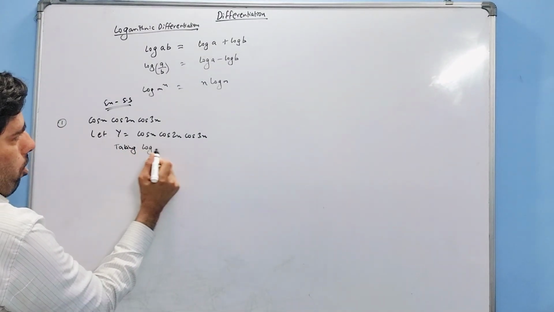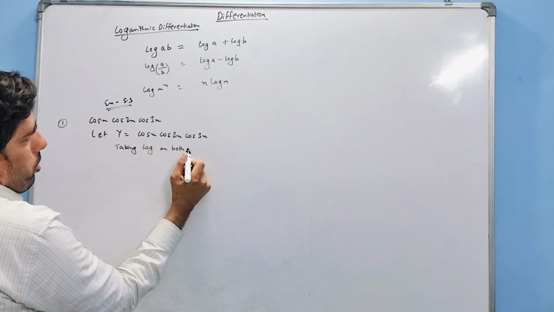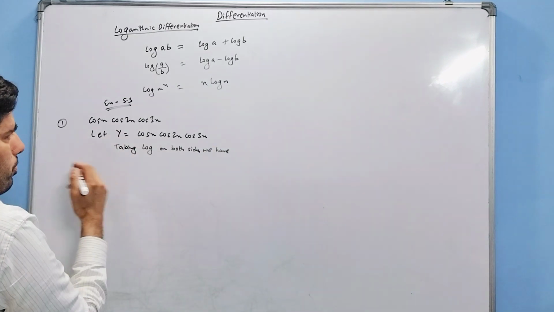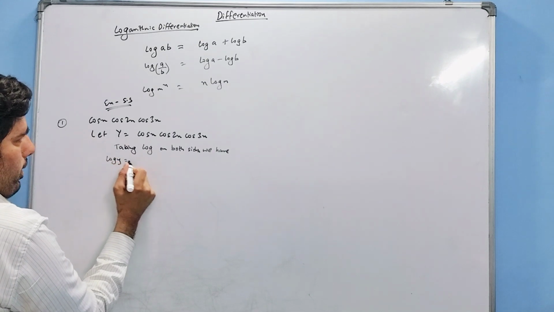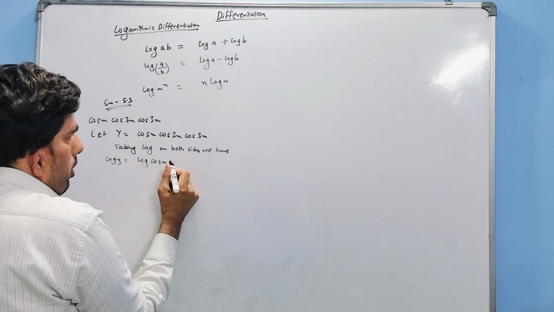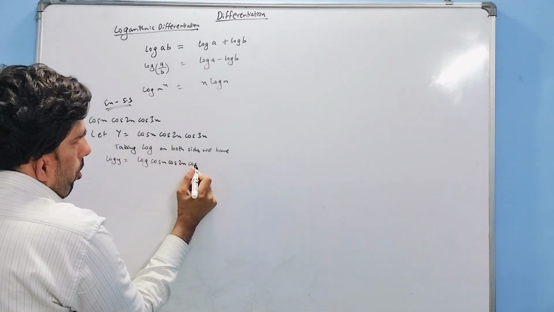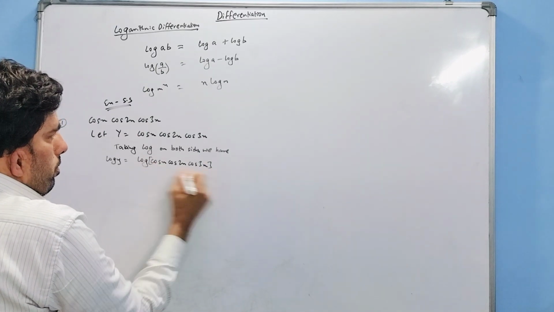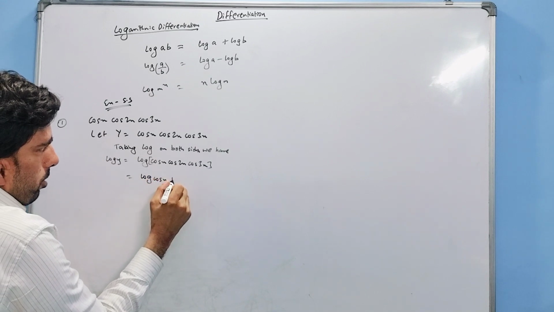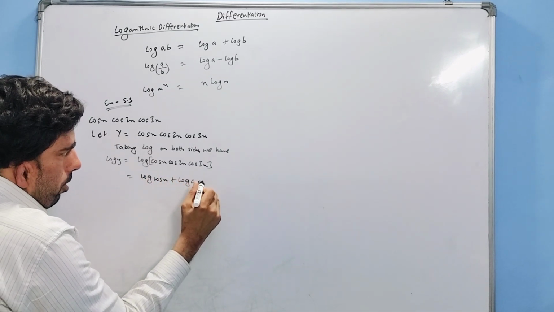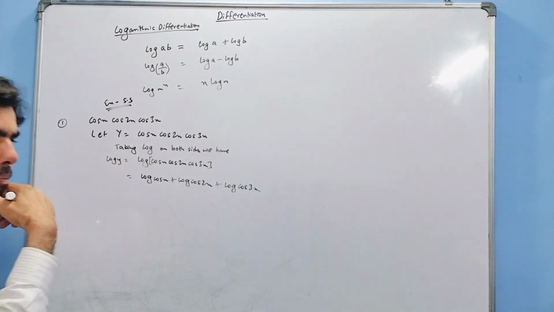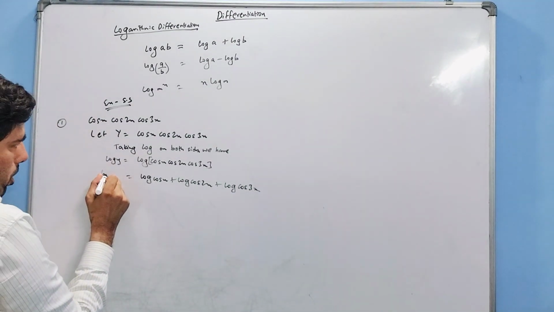Taking log on both sides, we have log of y is equal to log of cos x, cos 2x, cos 3x. What we can do here? Log of cos x plus log of cos 2x plus log of cos 3x. Okay, so now we have log of y.